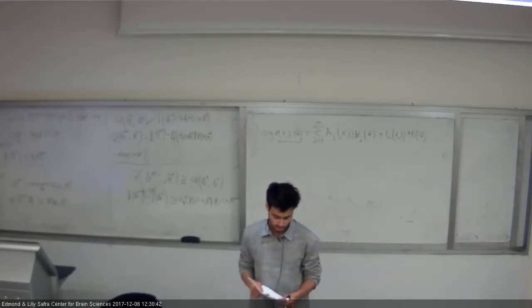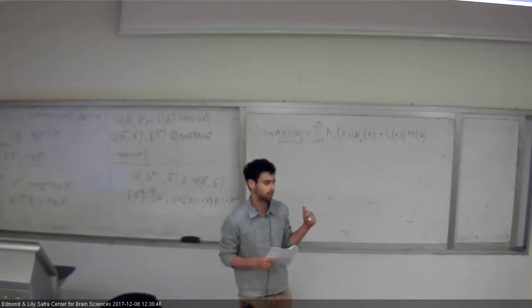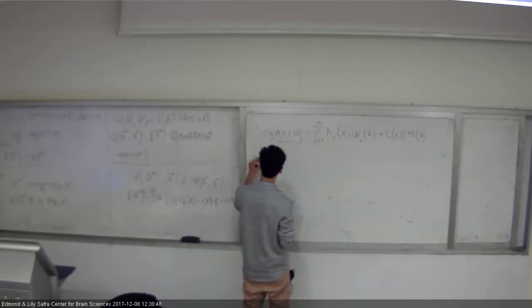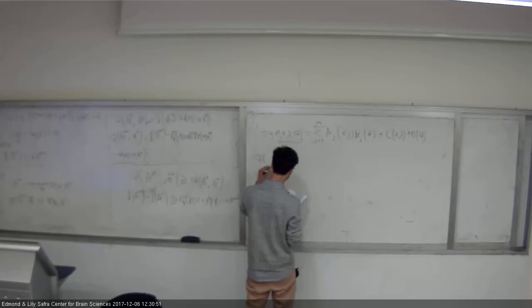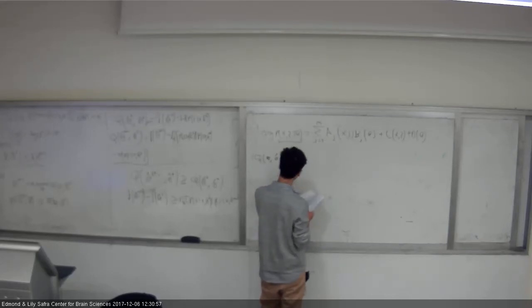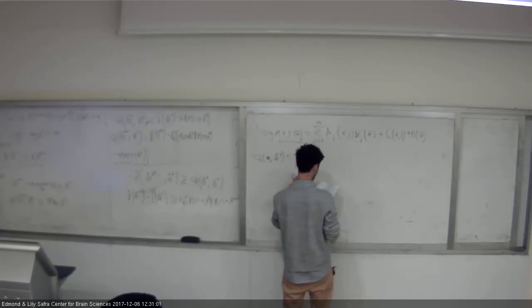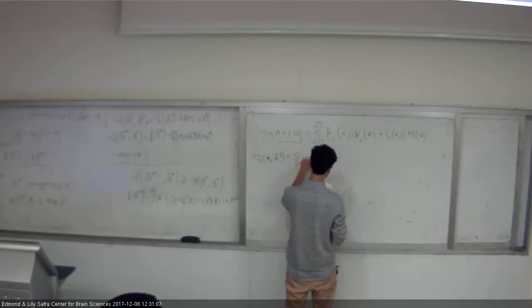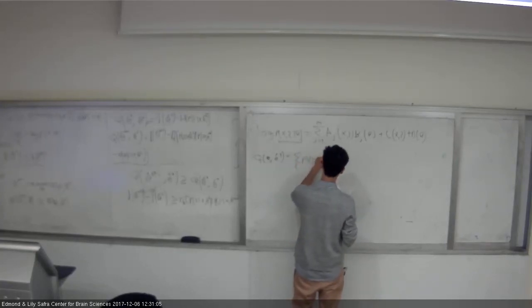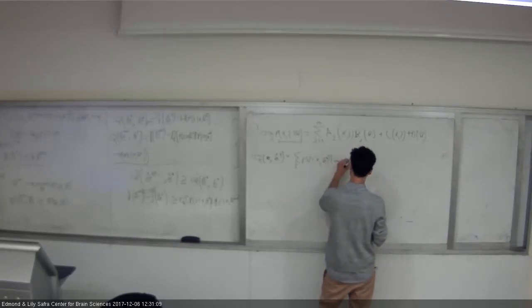Now, in this case of exponential family, the Q function, Q of theta and theta hat at time t, by definition is equal to the sum over all the z of P of z given x and theta hat at time t, log of P of x and z given theta.